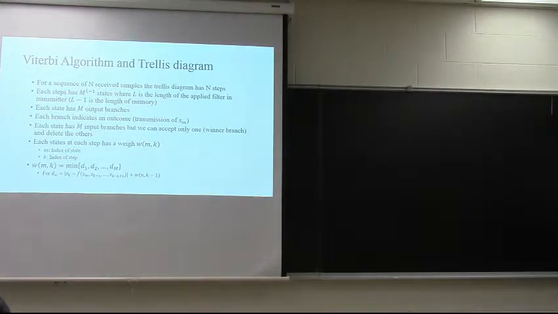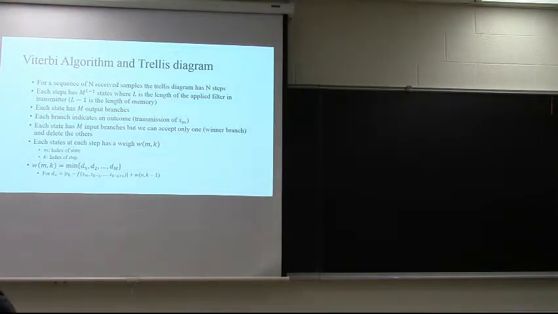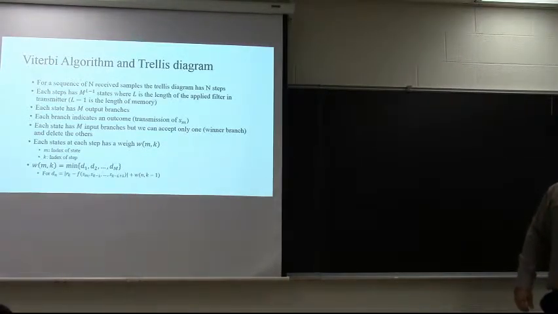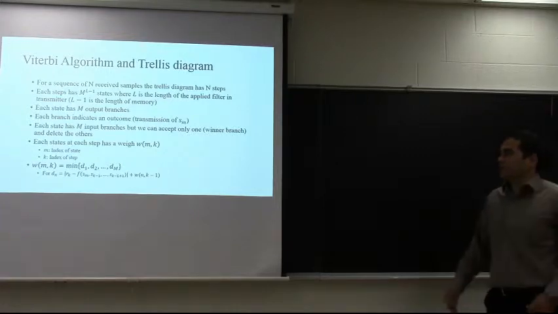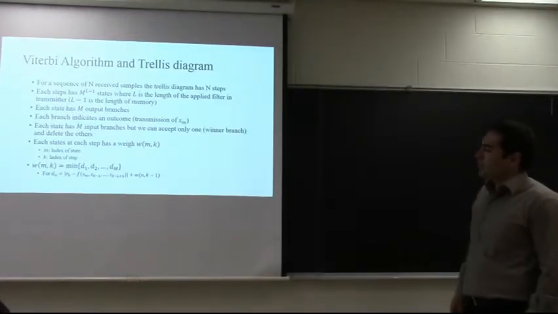We also mentioned that each branch indicates an outcome with the transmission of S_m, which is a possible transmitted symbol. When we solved the example, we saw that it is 1 or minus 1 even for the GMSK signal, while for other kinds of modulation it differs.